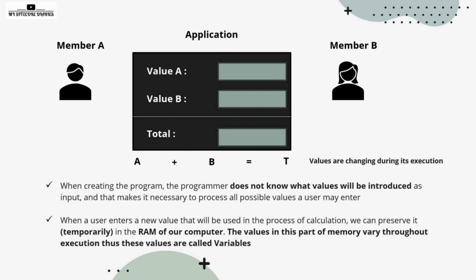When a user enters a new value that will be used in the process of calculation, we can preserve it temporarily in the RAM of our computer. The values in this part of memory vary throughout the execution, thus these values are called variables. So as we learned, for A plus B, the programmer doesn't know those values.